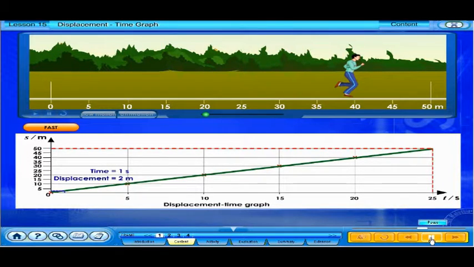Click on the Fast button to see the graph of the man when he jogs faster.